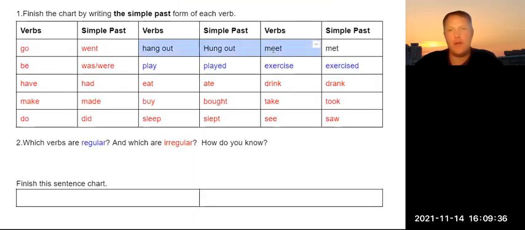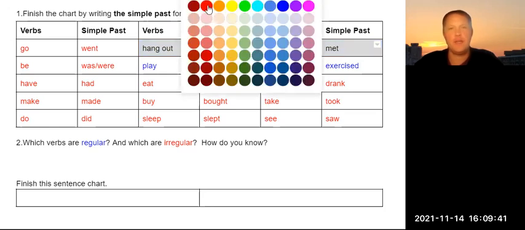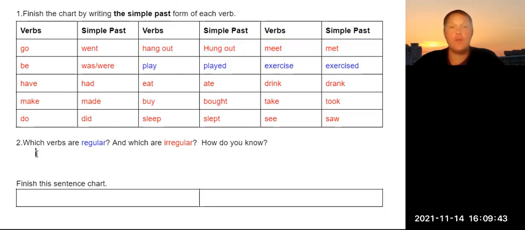All right, no editing on this video, so whatever mistakes I make, which is fine. So the red ones are irregular. So a verb is regular if in the past you add ed, and a verb is irregular if in the past you do not use ed.